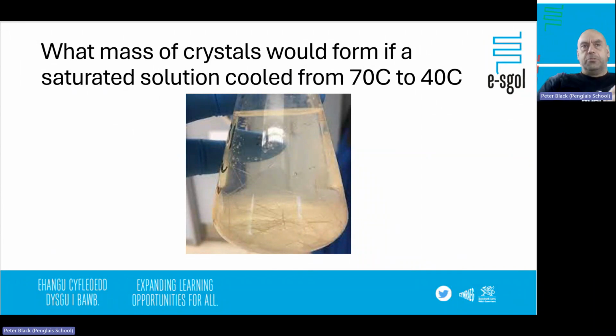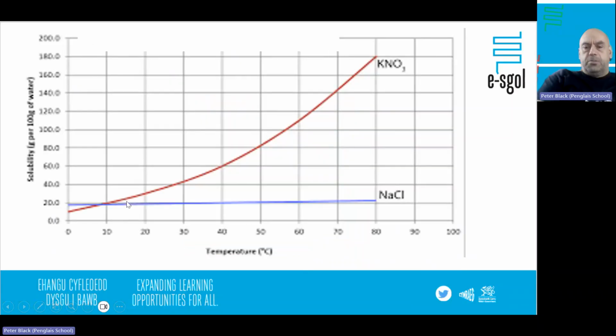Now, if we allow that solution to cool down to a lower temperature, the solubility drops. It can't dissolve that much salt, and we'll start to see crystals come out of the solution. Crystals that look like this. So you might be asked to work out what mass of crystals will form.